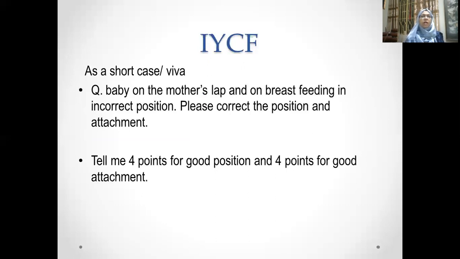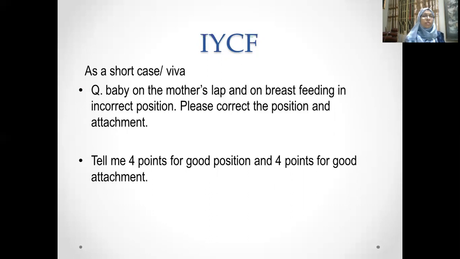A discussion on IYCF. You may have it as a short case, or you may be asked in your viva. In viva, the baby may be on mother's lap breastfeeding in an incorrect position, and we may ask you to correct the position and attachment and tell me 4 points for good position and 4 points for good attachment.